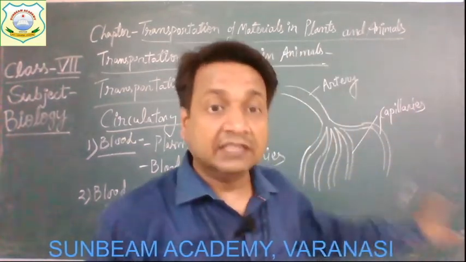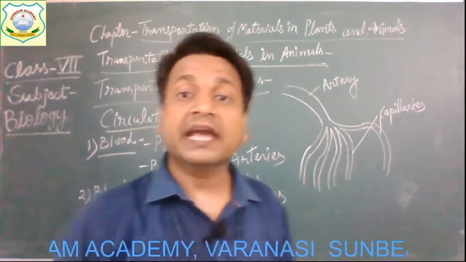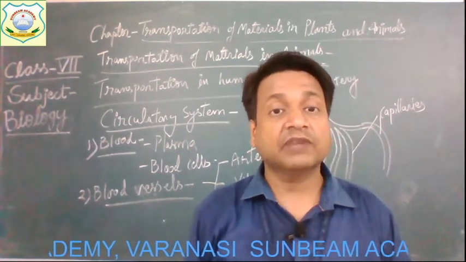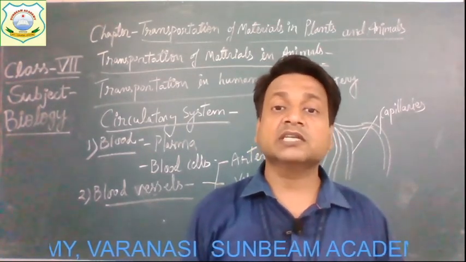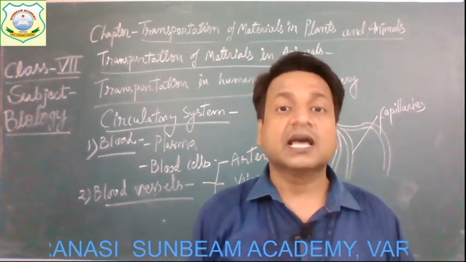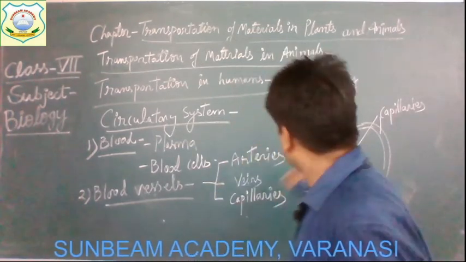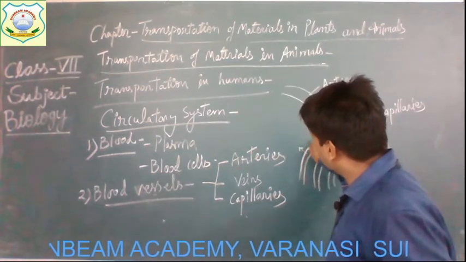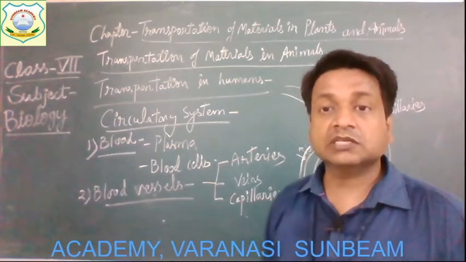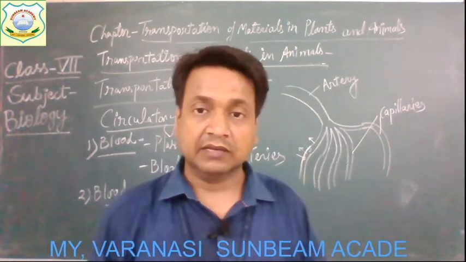These capillaries are the thinnest blood vessels, about as thick as a strand of your hair. So you can imagine how thin they are. They have very thin walls through which oxygen, digested food, carbon dioxide and all other waste products are exchanged between the blood and the surrounding cells. As their walls are very thin, the materials can exchange. It may be oxygen, carbon dioxide, digested food, or other waste material.